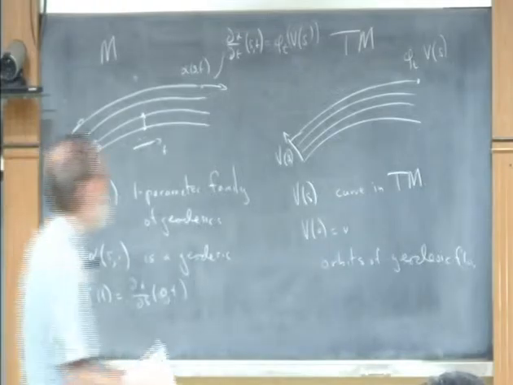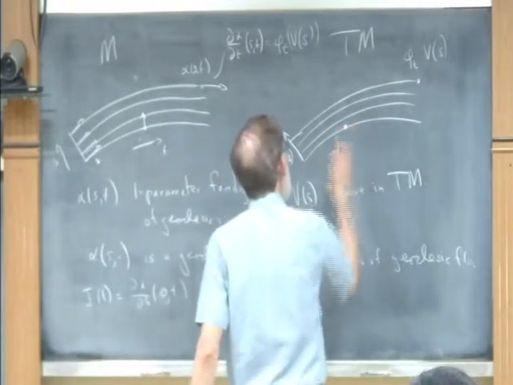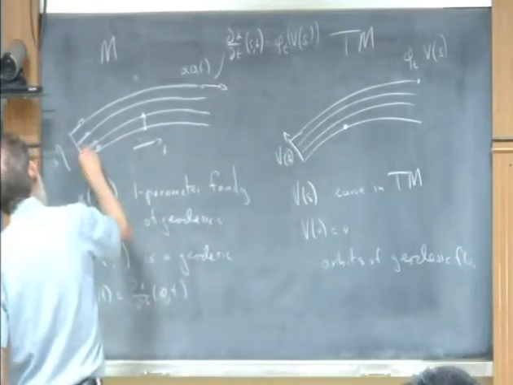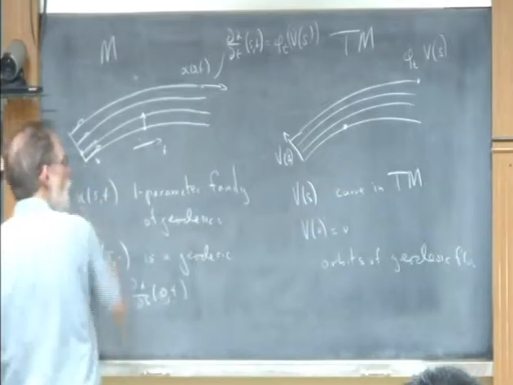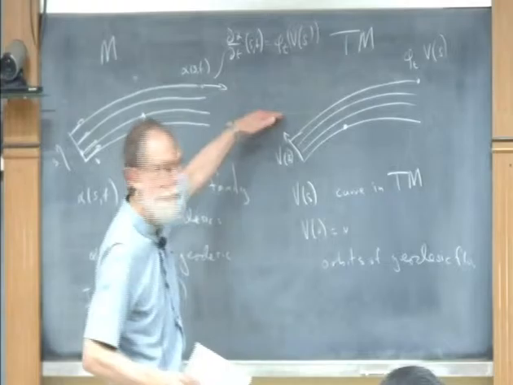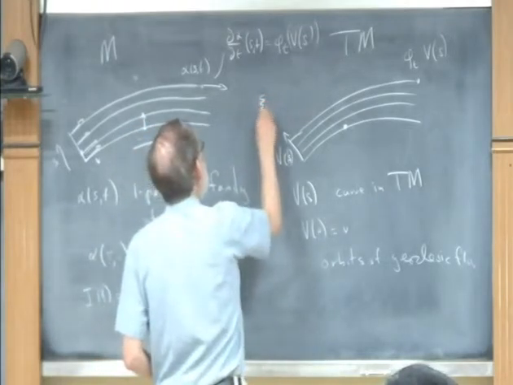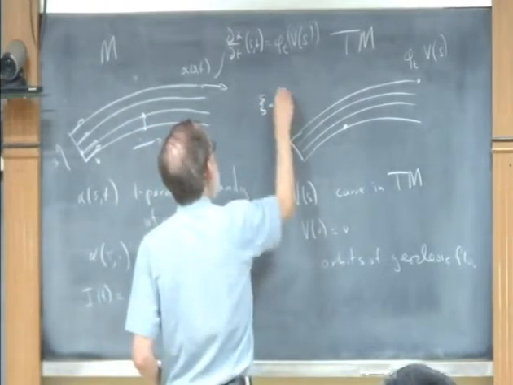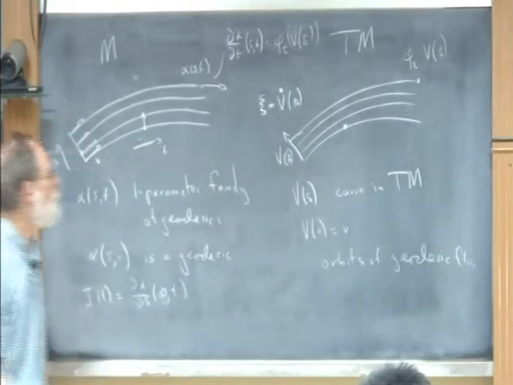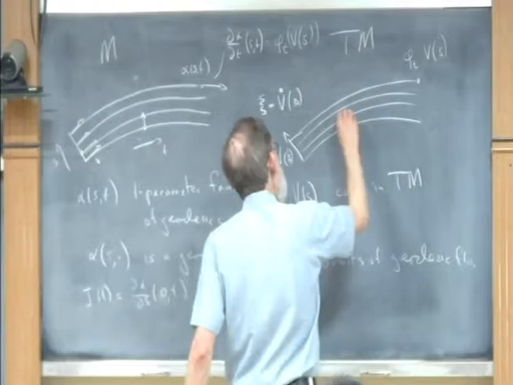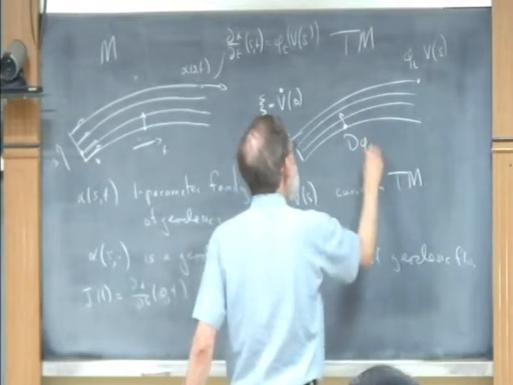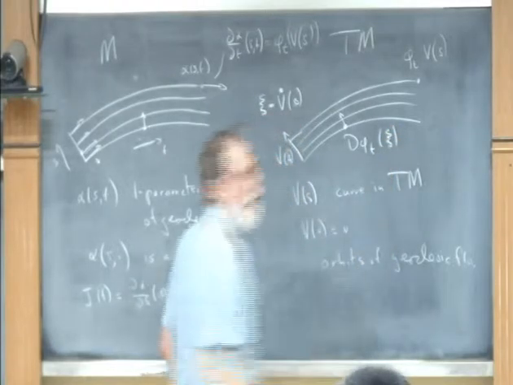The corresponding thing that I see in this picture is, at time 0 here I see J of 0. Here I see the tangent vector to the curve V. So xi will be the initial tangent vector. And then if I flow along for time t, I get the derivative of the geodesic flow acting on xi.